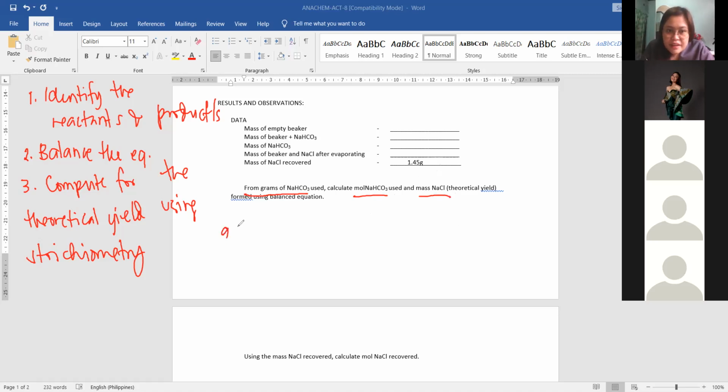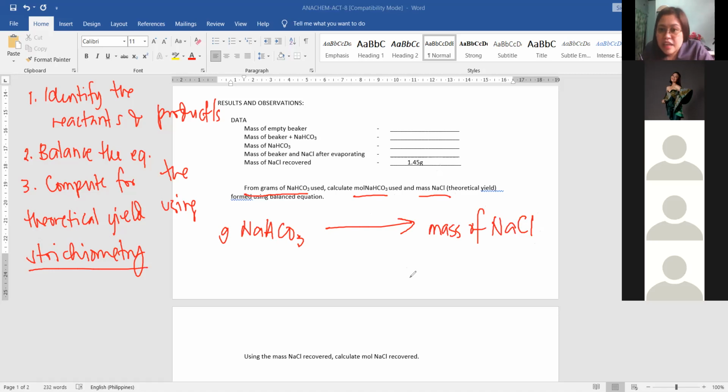So from the grams of the sodium bicarb, you have to compute for the mass of NaCl using stoichiometry. The mass of NaCl that you compute here is called the theoretical yield.